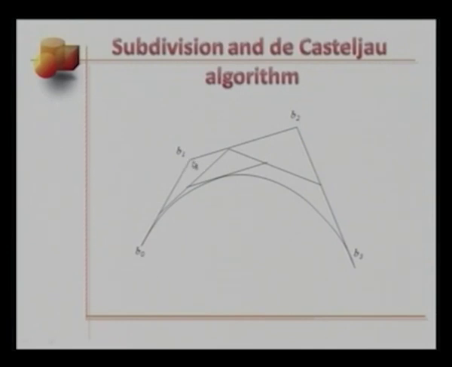These are our original control points: V sub 0, V sub 1, V sub 2, and V sub 3. Stage 1 intermediate de Casteljau points: V01, V11, V21. Stage 2 intermediate de Casteljau points: V02, V12, and the final point for value of u again equals c, V03.